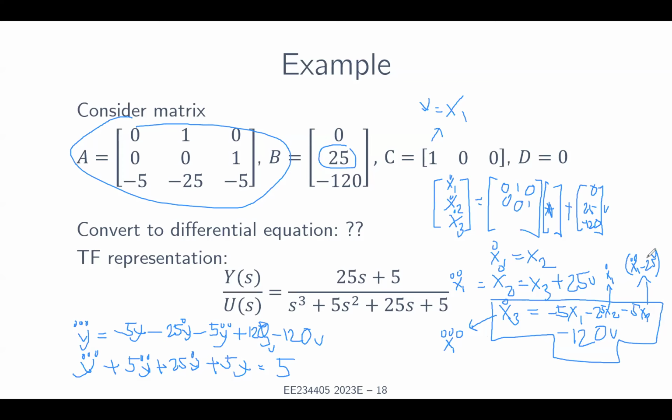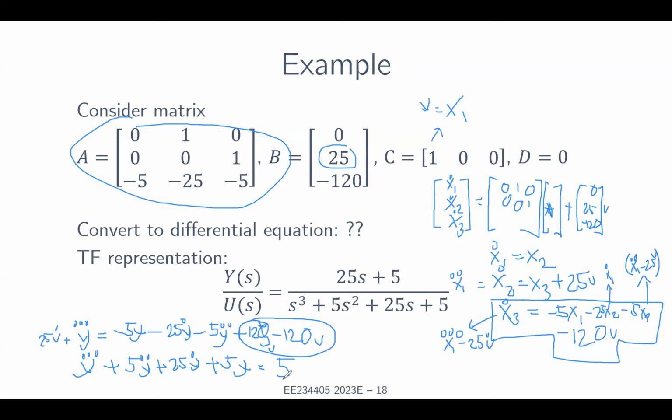Okay, so I think I missed this part. So this should be minus 25 u dot, which means this should be plus 25 u dot, and this is 5, or yeah, 5, right?